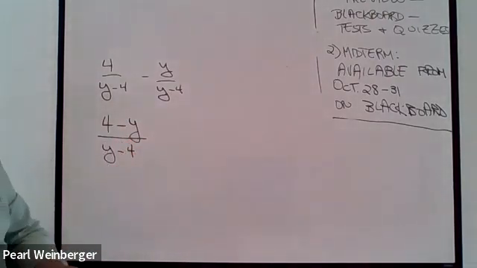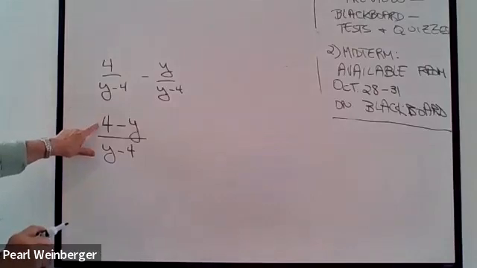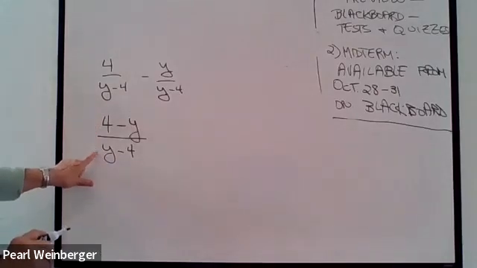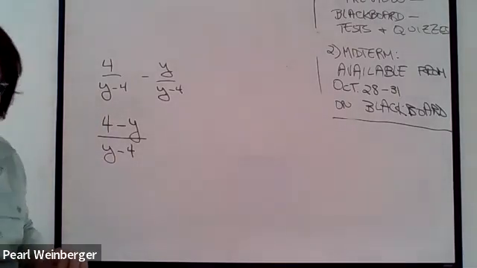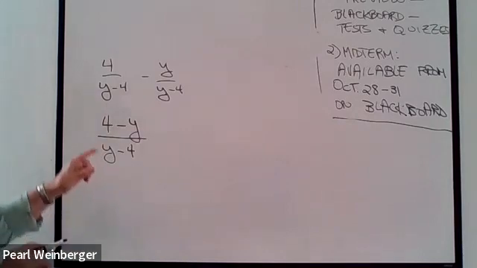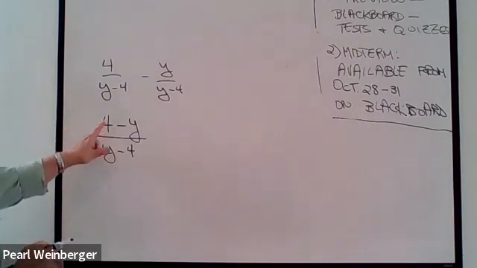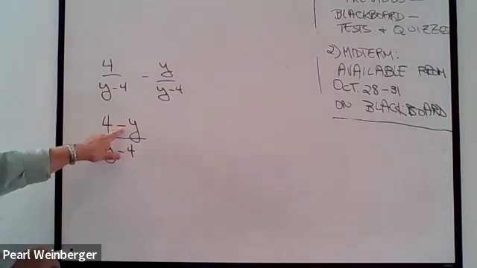And now we just want to see, can we reduce this? These two binomials, this y minus 4 and this 4 minus y, are actually identical except for their order. The order has been switched. This has the 4 first and the y second. This has the y first, the 4 second. But there is a minus in between them.